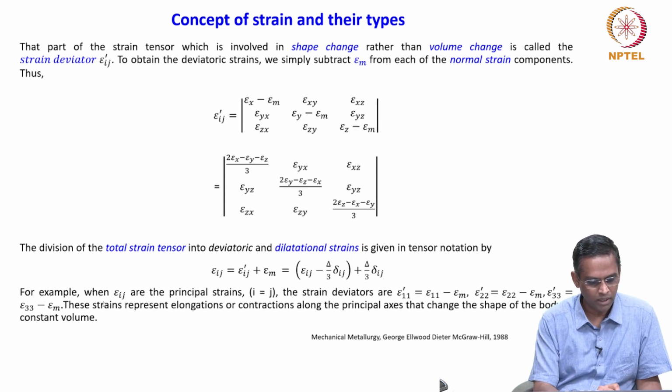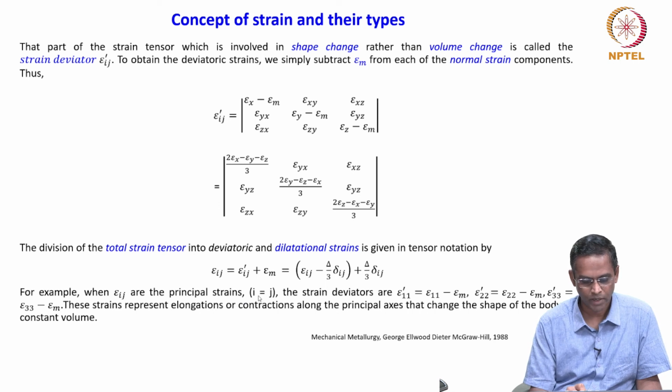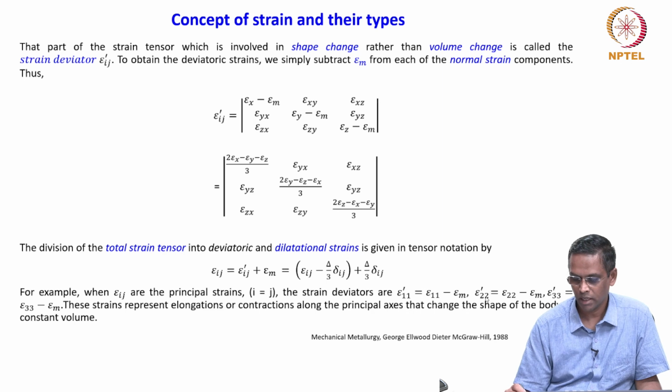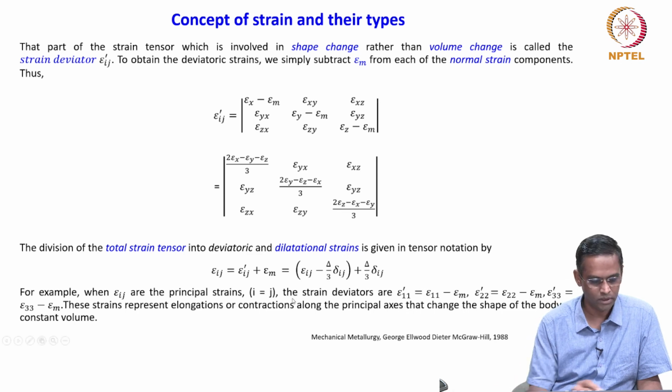For example, when epsilon ij are the principal strains, I is equal to j, the strain deviators are epsilon prime 1 1 is equal to epsilon 1 1 minus epsilon m. Similarly, epsilon prime 2 2 is equal to epsilon 2 2 minus epsilon m, and so on.